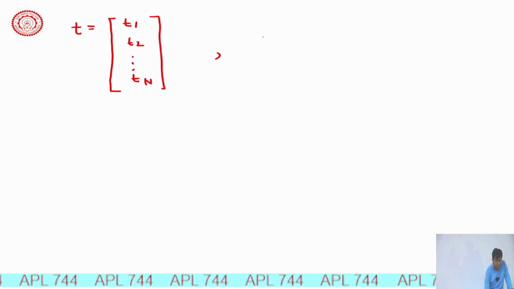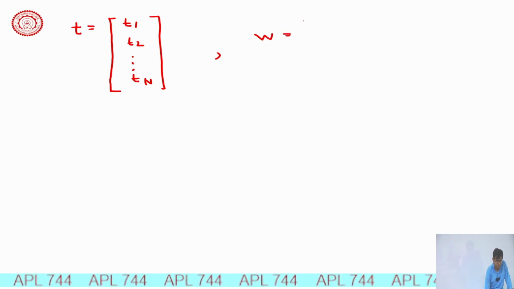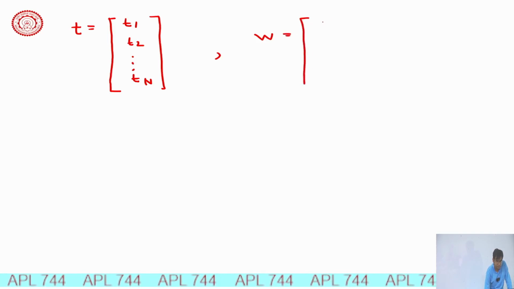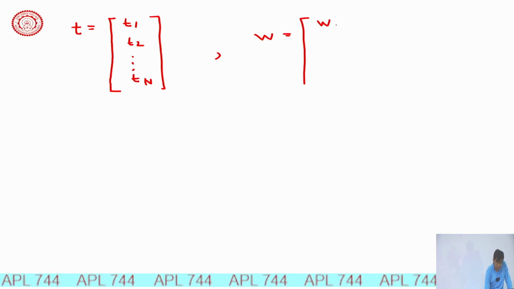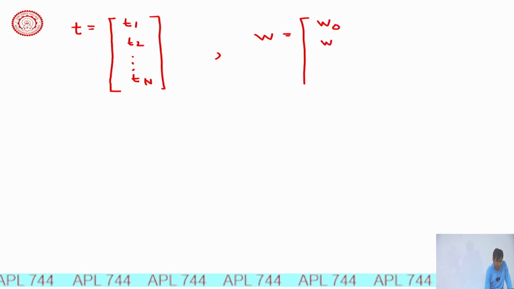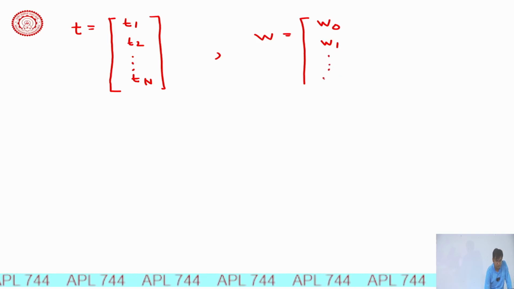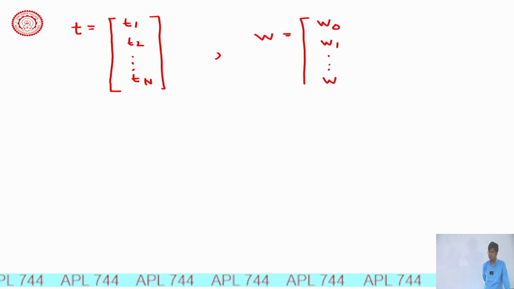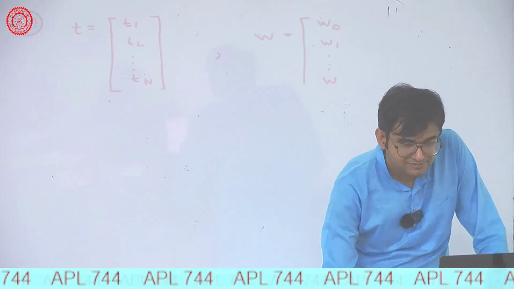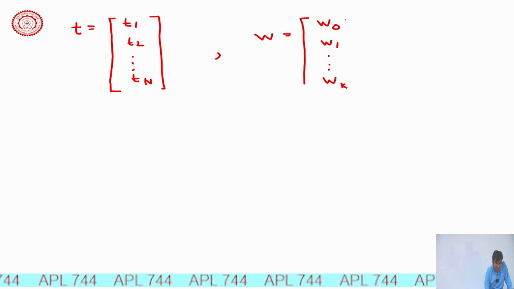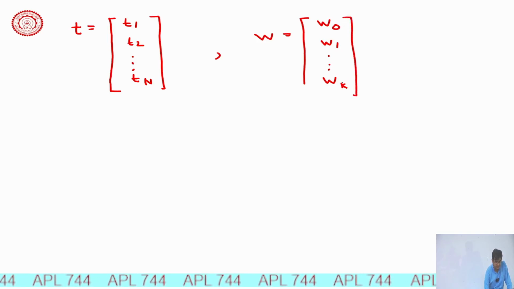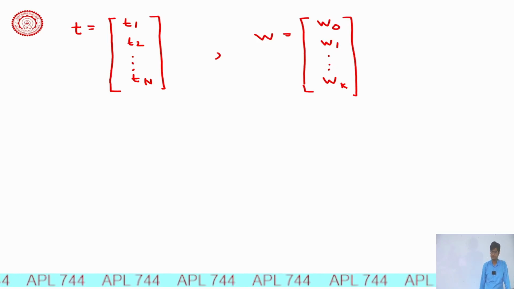I have also the weight vector, which actually will not change. So, the weight vector will be W, and it will be W 0, W 1 up to W, what is the dimension? Up to W k, okay, up to W k. The total number of elements is k plus 1, you are right, but since I am starting from 0. Okay.